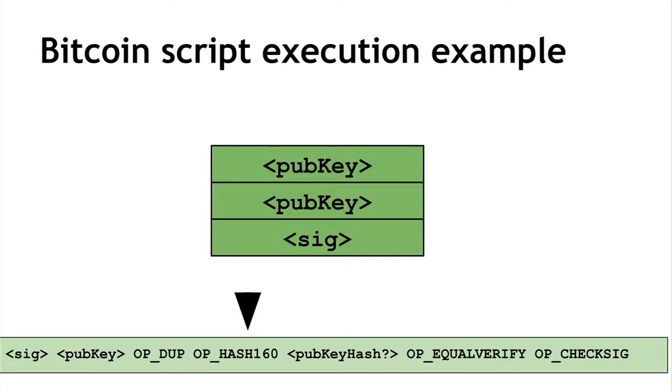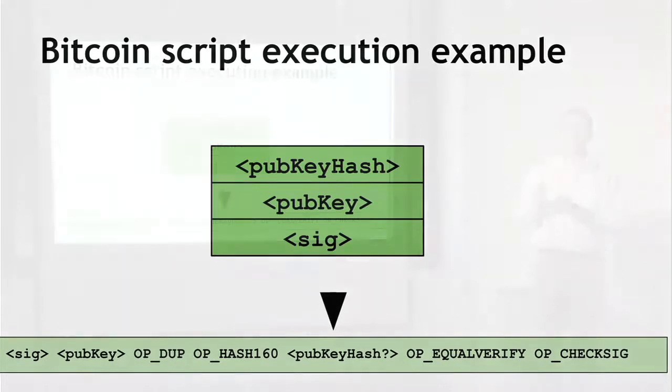The next instruction, HASH160, says take the top value on the stack and compute a cryptographic hash of it. So this top value is going to be converted from the public key into a hash of the public key. Now we're going to do one more push of data onto the stack.